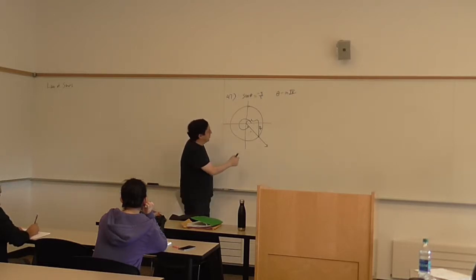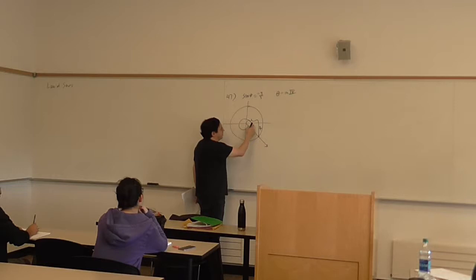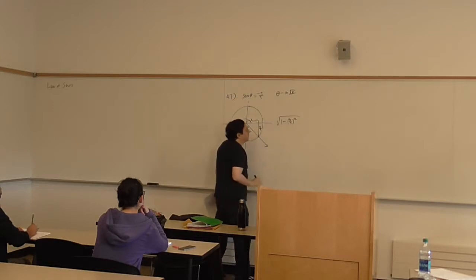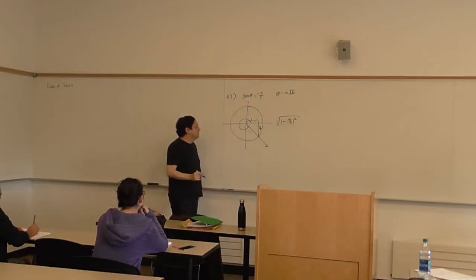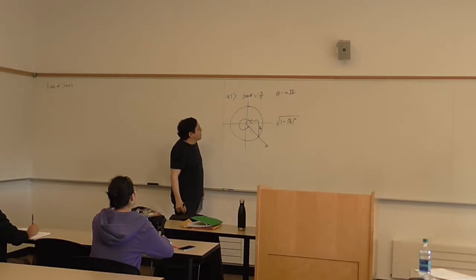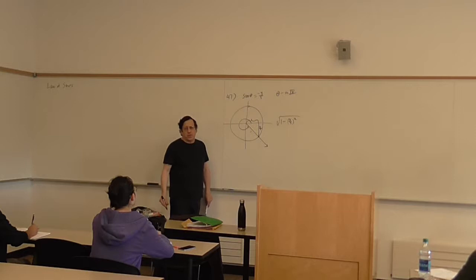Well, the Pythagorean theorem says that this side will be the square root of 1 minus 4/5 squared. Okay, that's one way to look at it. That's the way you can have the information you need. The other way has to do with a piece of information I haven't given you yet.